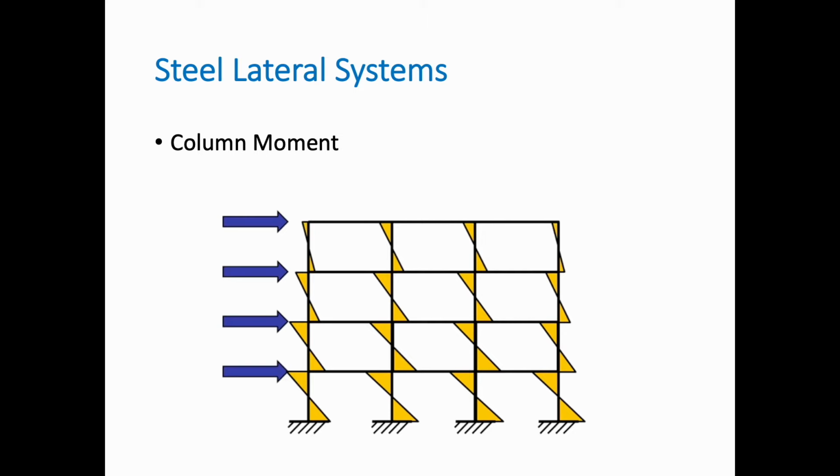So with the same forces acting on our moment resisting frame, we've got the column moments, which appear to be higher at the lower stories and of course smaller at the upper stories.